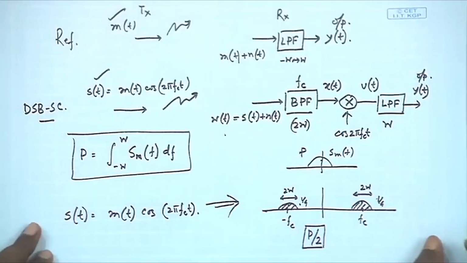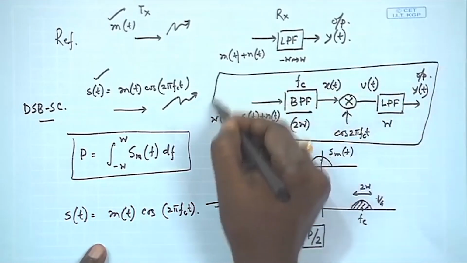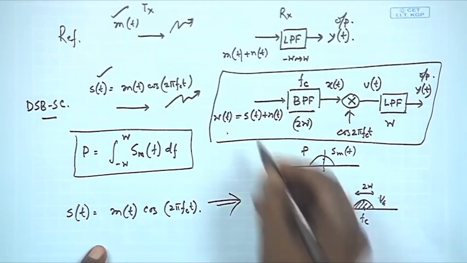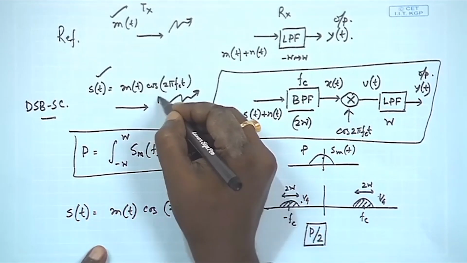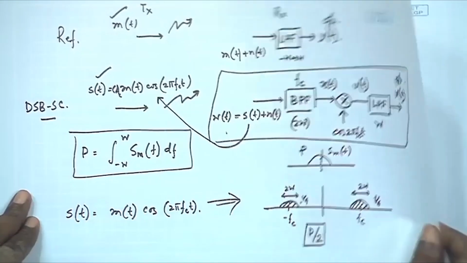For the actual modulated signal, we have drawn it. This must be my overall demodulation process, where St is given by this, of course, with C into AC there. Let us try to write that.